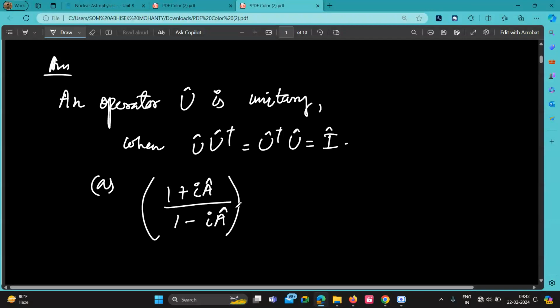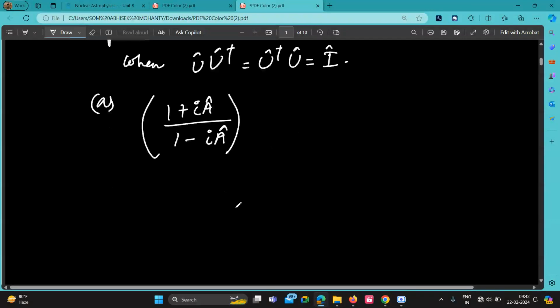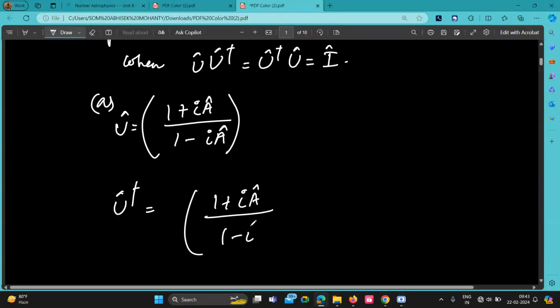So let's calculate its dagger. Suppose this is U. U dagger is 1 plus iA divided by 1 minus iA, daggered. This one will become minus, this one will become plus, because this is i, so it is the complex conjugate.